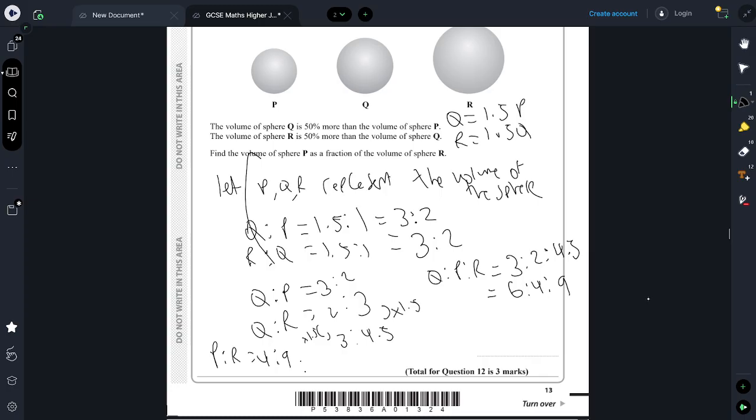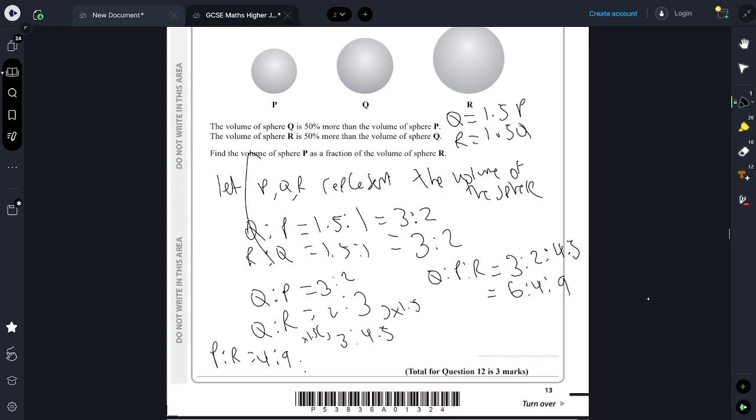Well, yeah, I'm getting a bit stuck here. I don't even know why. I haven't done these in so long. But okay, so say for 4 lots of volume of P, you get 9 lots of volume of R. Okay.